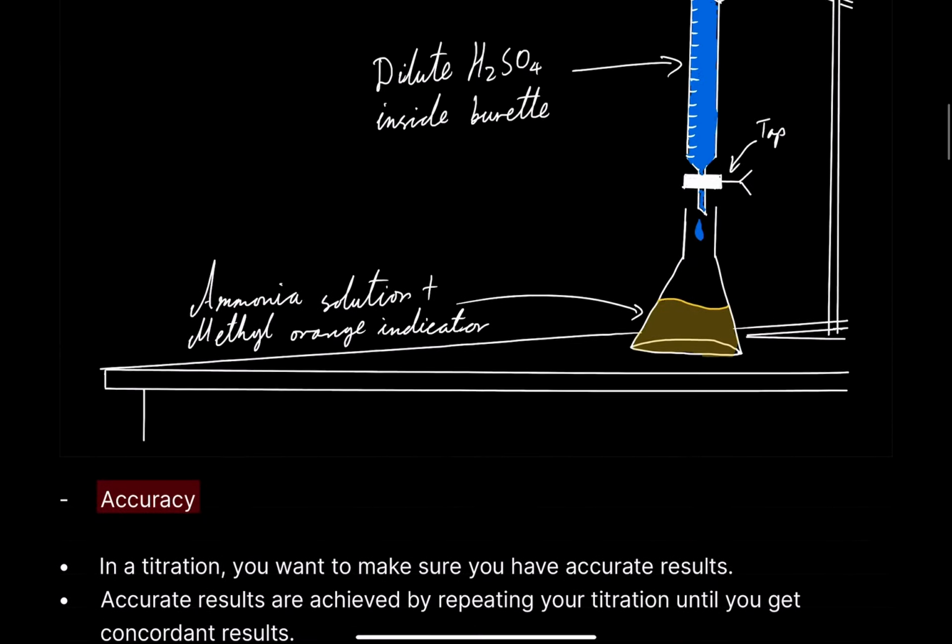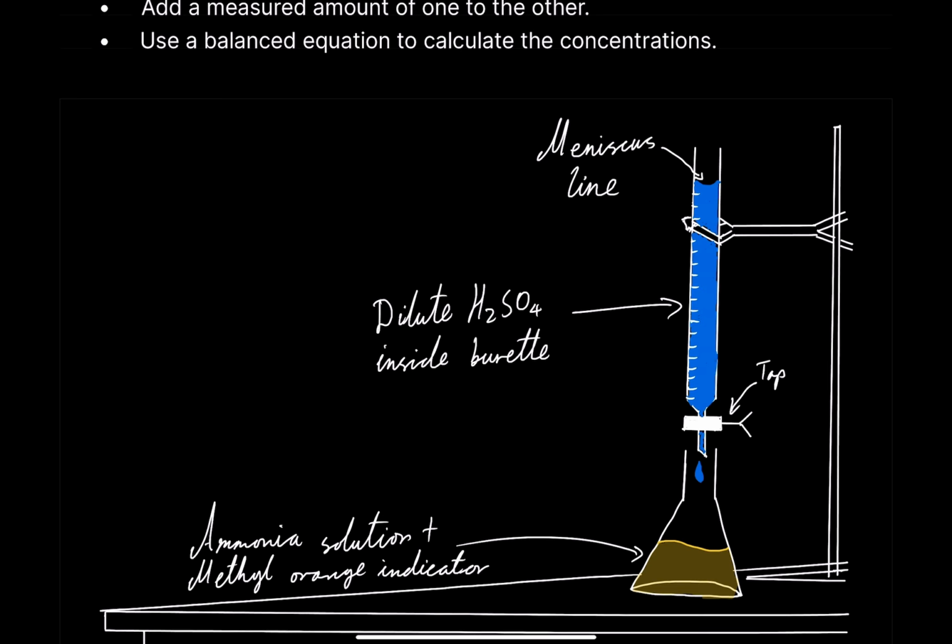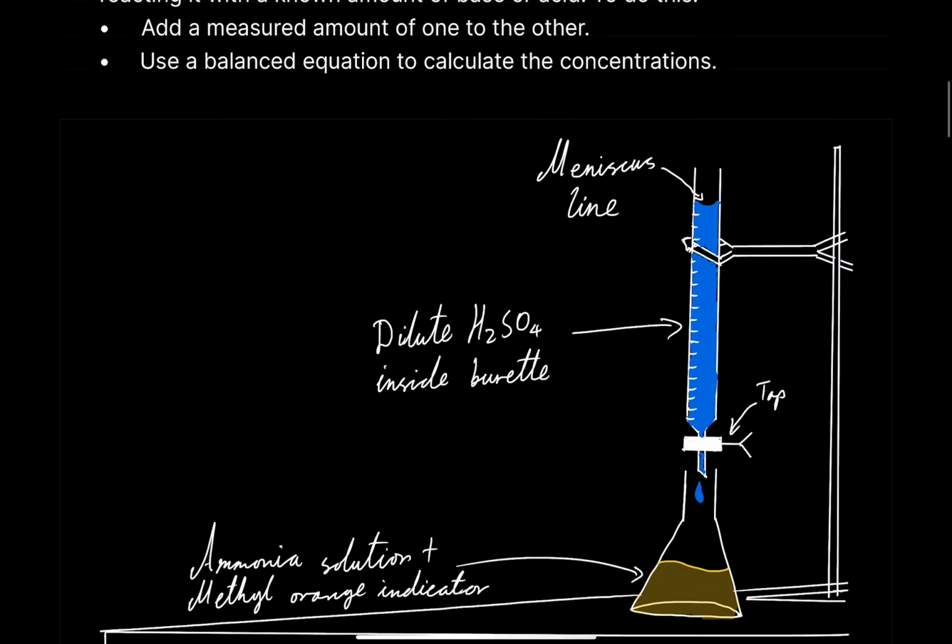Let's use this example here. We're adding acid to this base. We're trying to neutralize this base with acid. If we were to work out the pH of this solution right now, with a pH probe in here of some sort, I know it's not a good pH probe.